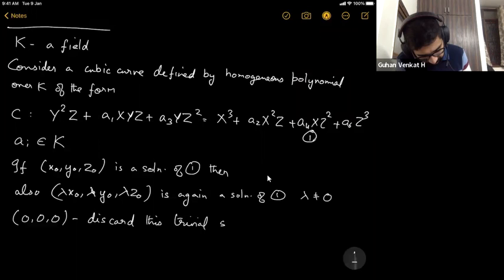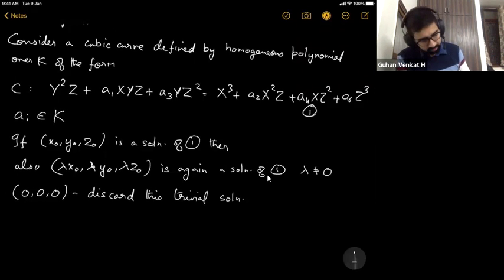So it makes sense to restrict only to non-zero scalar multiples of these solutions, where lambda is not equal to 0. Essentially, I'm thinking of these indeterminates x, y, and z as projective coordinates.